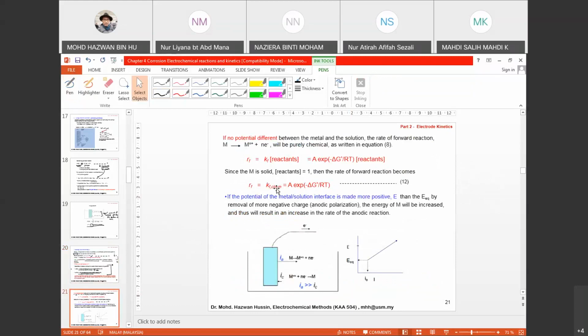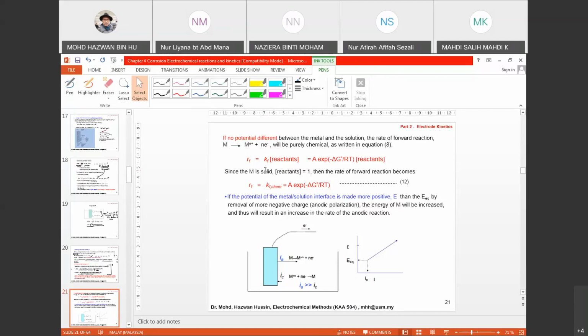Right. So if there is no potential difference between the metal and solution, the rate of the forward reaction for M going to Mn+ plus ne is purely chemical and written in equation 8. This is what we have seen earlier.